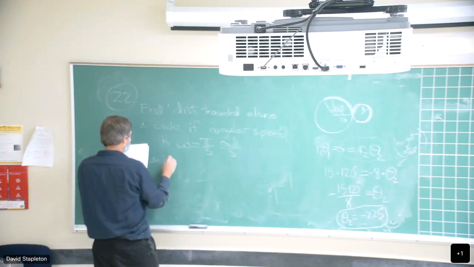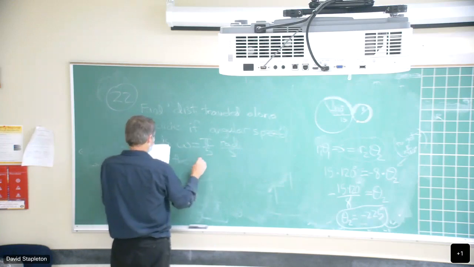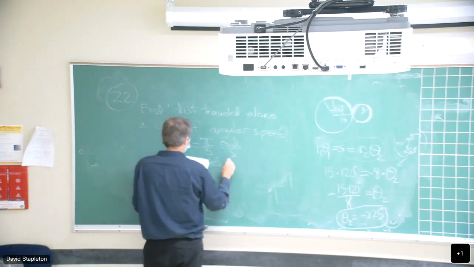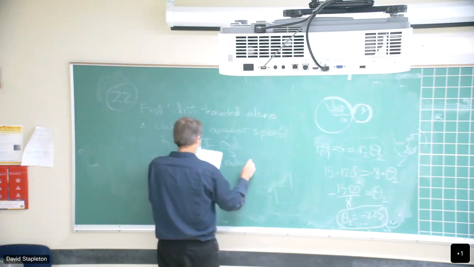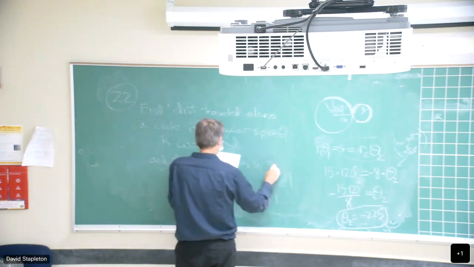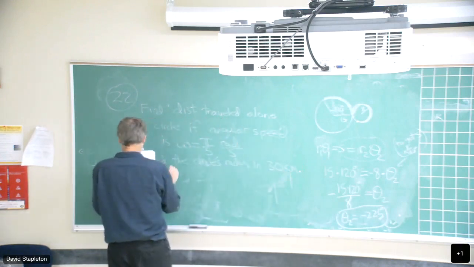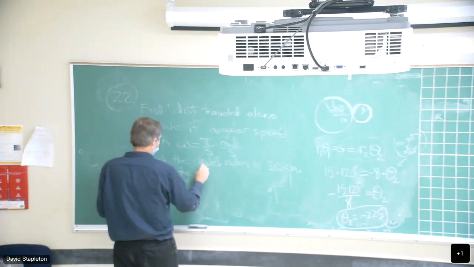And the circle radius is 30 centimeters. And the gear turns for 20 seconds.